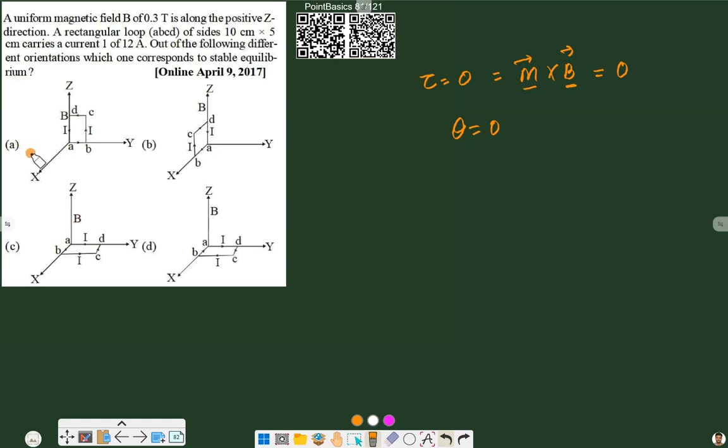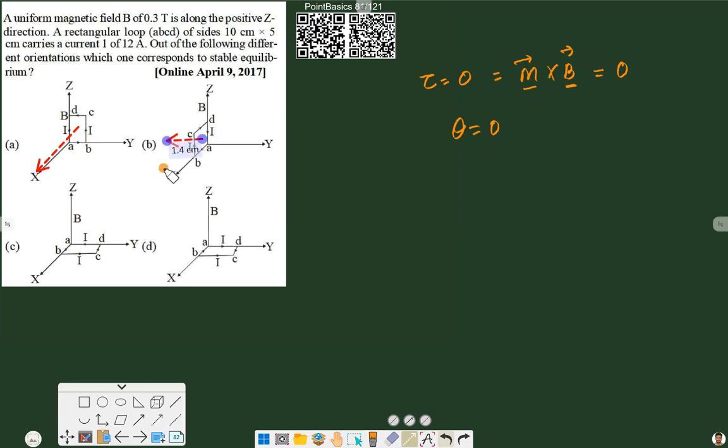So now let's find out. For option A, the magnetic dipole moment will be, according to the right hand screw rule, as current is rotating anticlockwise, in the positive x direction. In option B, according to the right hand screw rule, magnetic dipole moment will be in the negative y direction.